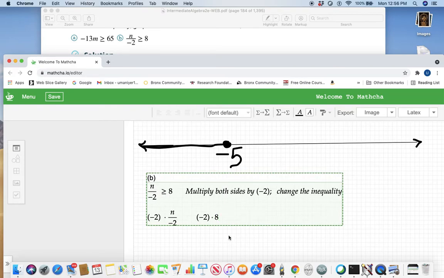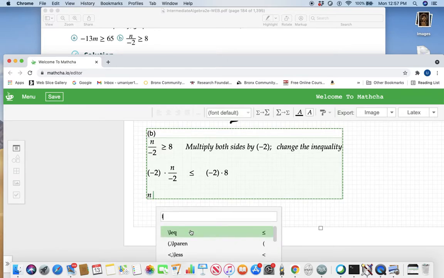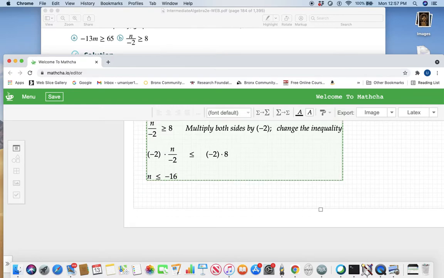The inequality in the middle changes. That's greater or equals, so you are going to have less or equals now. When you multiply or divide by a negative number, the inequality changes. So the negative 2s cancel, n less or equals negative 2 times 8, which is negative 16.